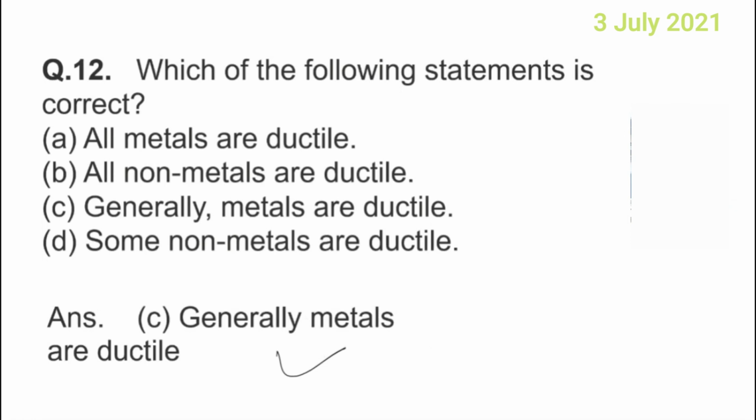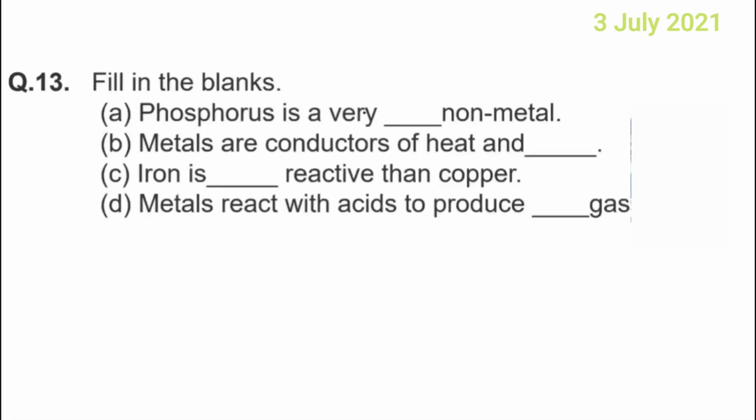Now we'll go for the 13th question, which is a fill in the blanks. Phosphorus is a very reactive non-metal. Remember this, very reactive. As far as non-metals are concerned, it's reactive. Metals are conductors of heat and electricity. Simple.